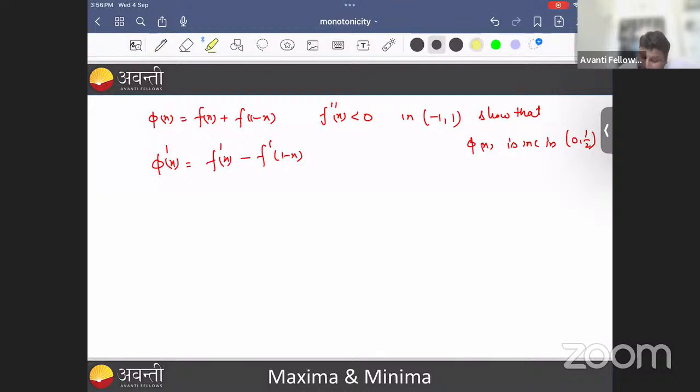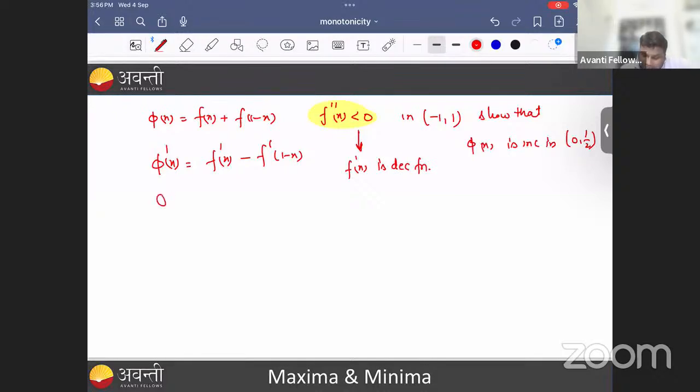Now a very important thing that they have given, f double dash x is less than 0. So if f double dash x is less than 0, that means f dash x is a decreasing function. Got it?